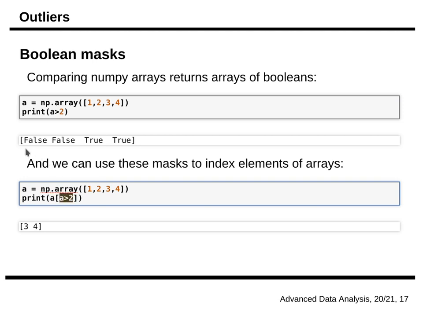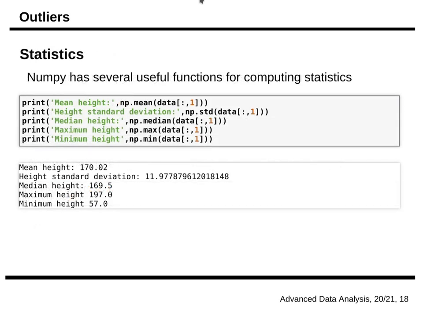This expression here will produce this Boolean array, and when I insert a Boolean array as an index for a NumPy array, it will give me only the elements corresponding to true values here. So this makes it easy to extract values from a NumPy array based on some condition that we want to impose.